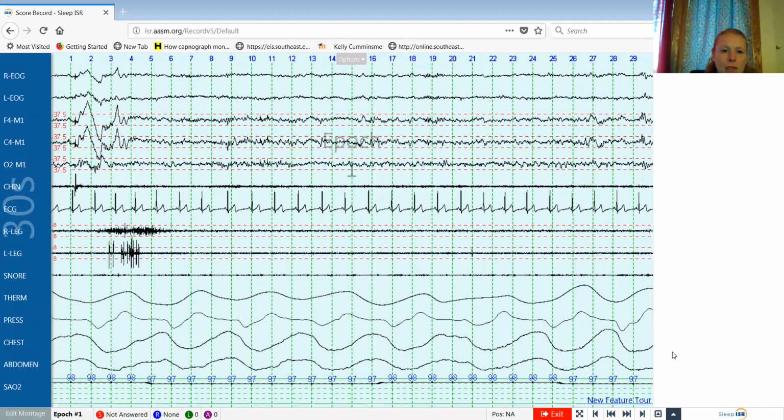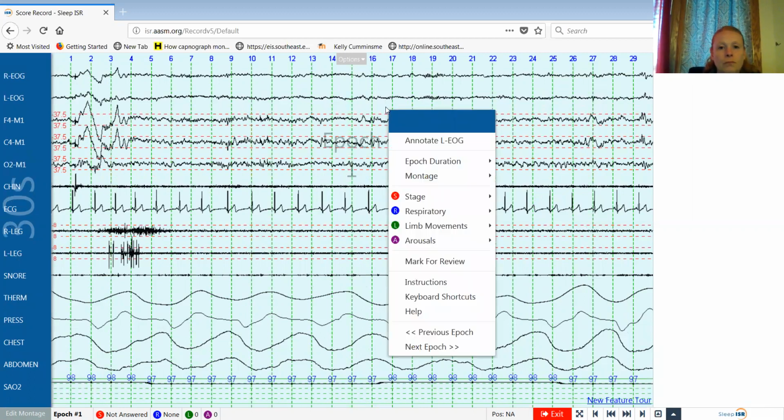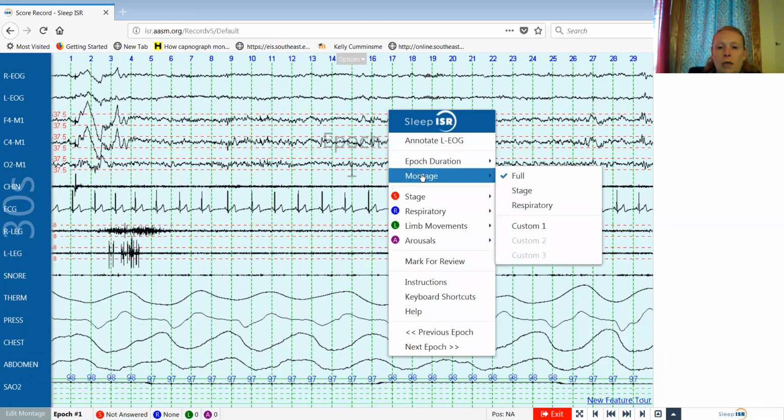The next thing I'm going to do is we always start with stage scoring. So to stage score, I can do it this way, but for people just starting, a lot of times it's easier to start in just the stage view. To do that, have your cursor anywhere on your screen, and right click. When you do that, this box appears, and you're going to hover over montage.